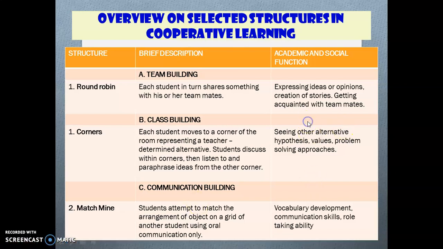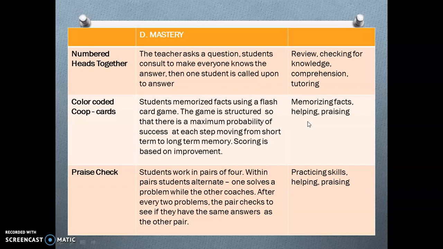Okay, so the next specific strategy under cooperative learning is the numbered heads together. The teacher will ask a question, students consult to make sure everyone knows the answer, then one student is called upon to answer. For example, one specific question, the teacher asks, okay, what is solid?